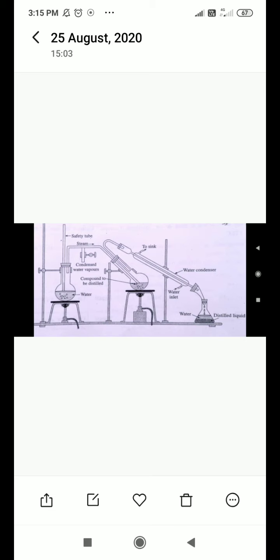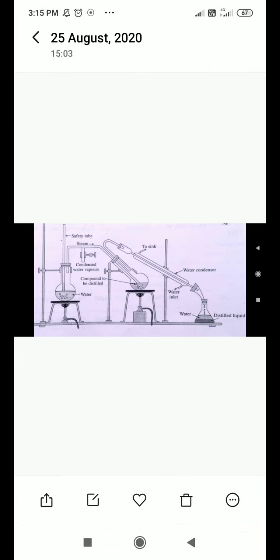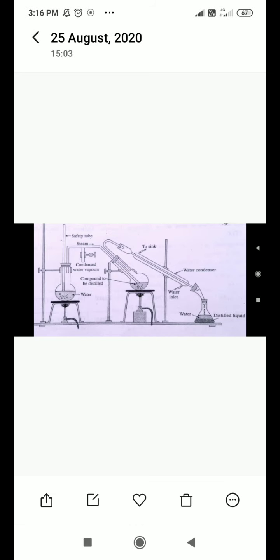When the vapor pressure of both components, compound A and compound B, is equal to the atmospheric pressure, then it starts producing vapors, and those vapors pass through the condenser. Through that condenser, the vapors get condensed and are collected in the collector, or we can say the receiver, or any vessel.